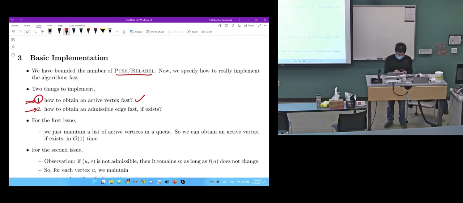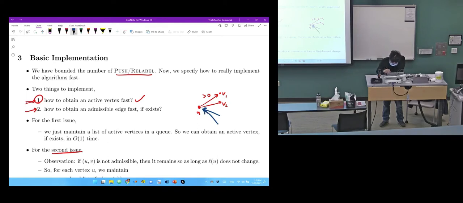For the second issue, here is a simple observation that will help. Look at this. Suppose that U is here, and there are V1, V2, and maybe this one is not admissible anymore in the residual graph.